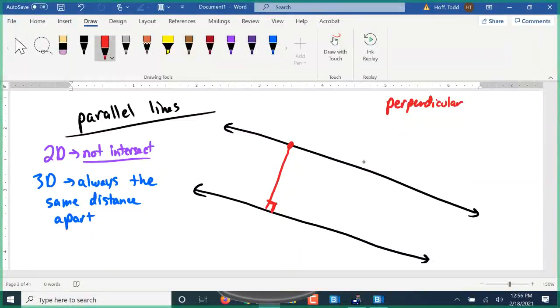Any point I pick on that line will be the same distance from the other line. Because these lines are parallel, if I switch things up and take this point on this line where that perpendicular intersected, the measurement to the other line is going to be the same distance. So it doesn't matter which direction you go or which line you pick a point on, the distance will always be the same to the other line.